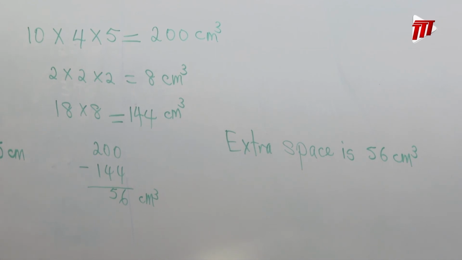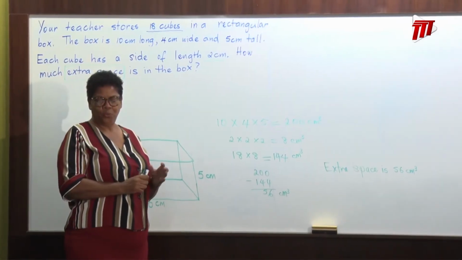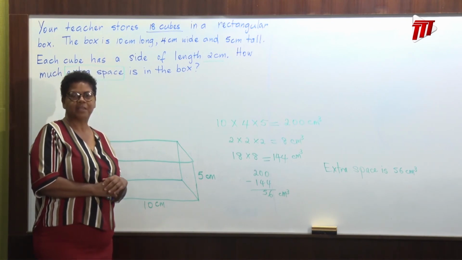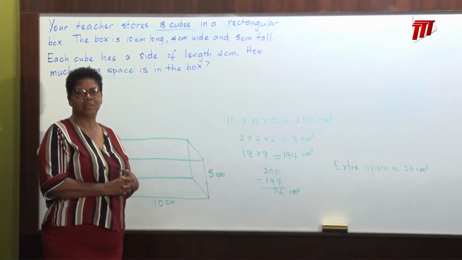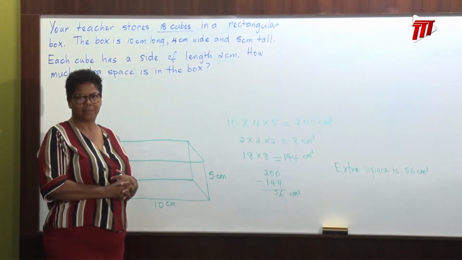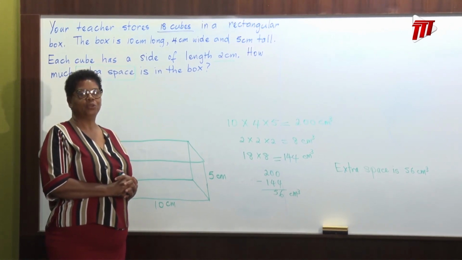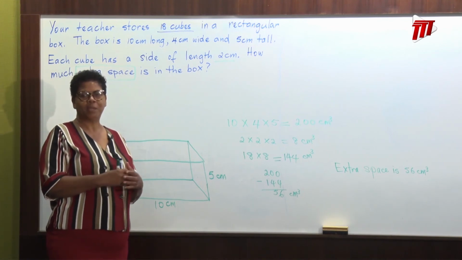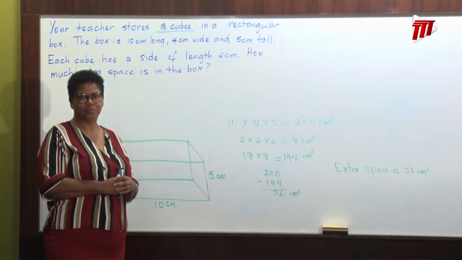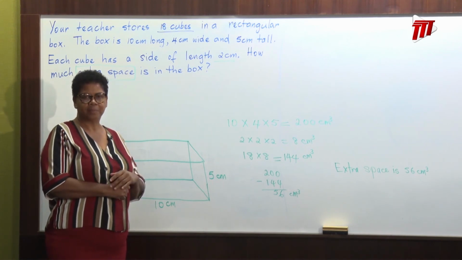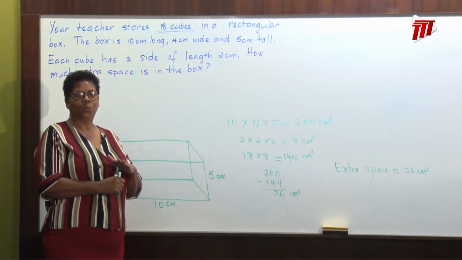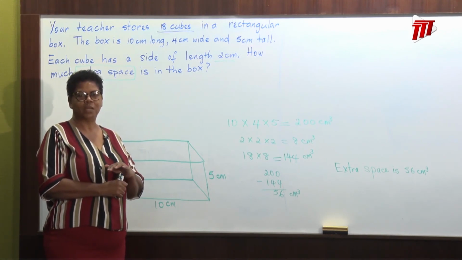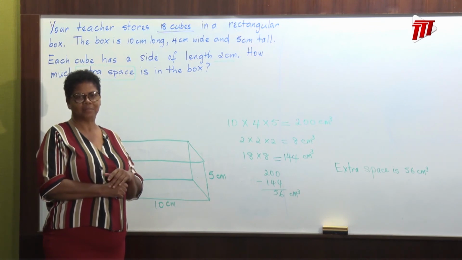So, what have we learned today? We have learned that the volume of a container is the measurement of the space that it occupies. And we use cubic centimeters or cubic meters to measure volume. We also found out that 1 liter is equal to 1,000 cubic centimeters.